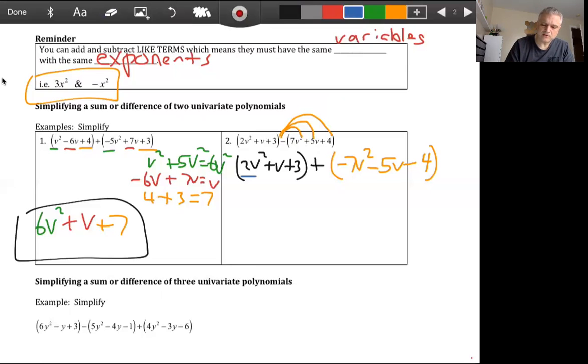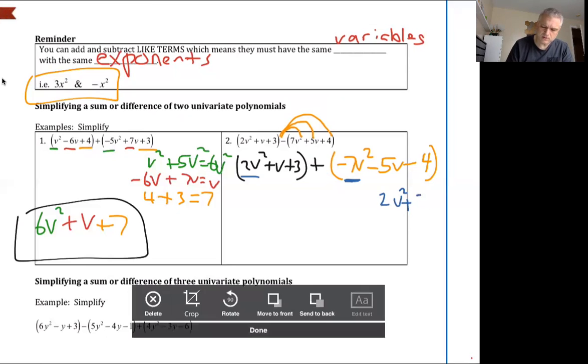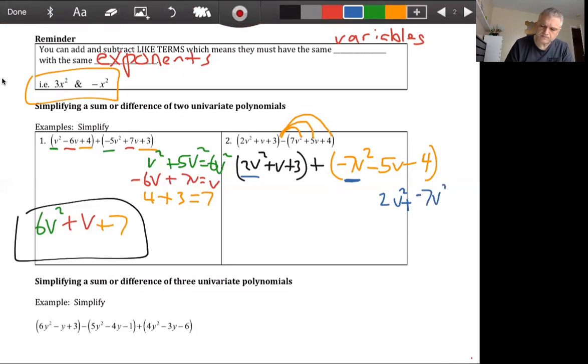So let's add 2v squared plus negative 7v squared. Again, we can write it off to the side if we want to do the work. 2v squared plus negative 7v squared. Well, 2 plus negative 7 is negative 5. So that's negative 5v squared. So I know in my answer, I have a negative 5v squared at the beginning.